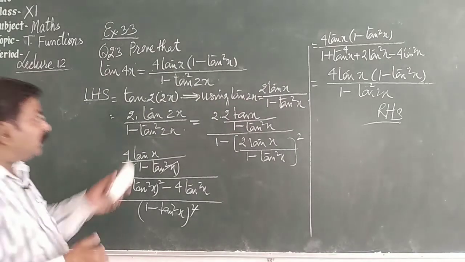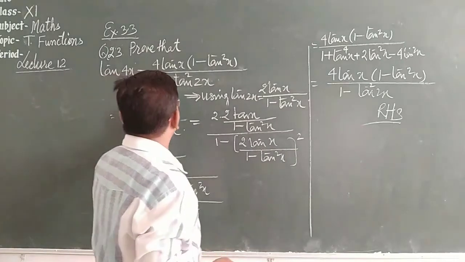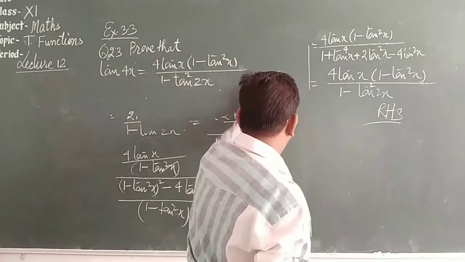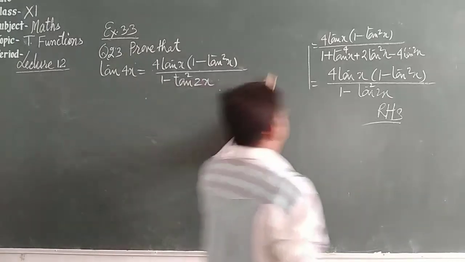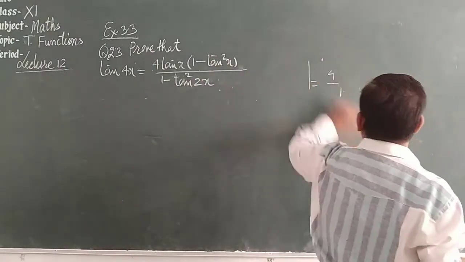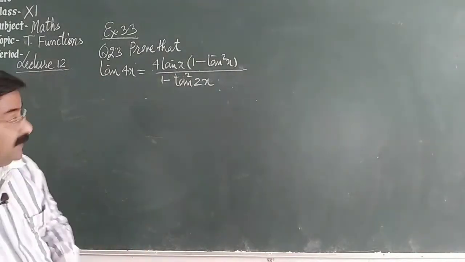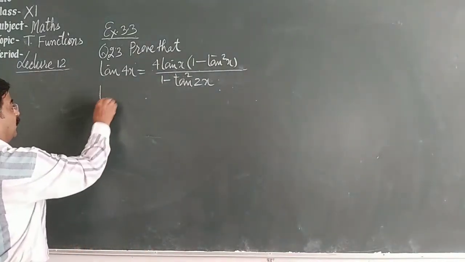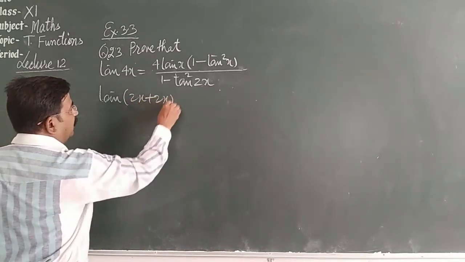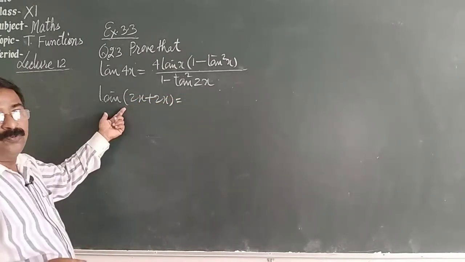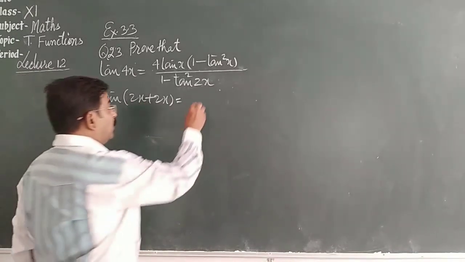Or in another way, another formula. If you think this is difficult, you can do one thing. See, I am telling you, you can try this on your own. This can be broken as tan of 2x plus 2x, and apply the formula of tan a plus tan b. So what can we write?